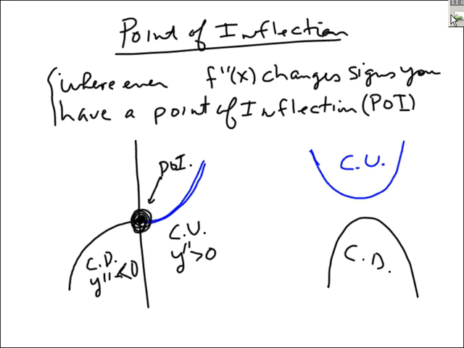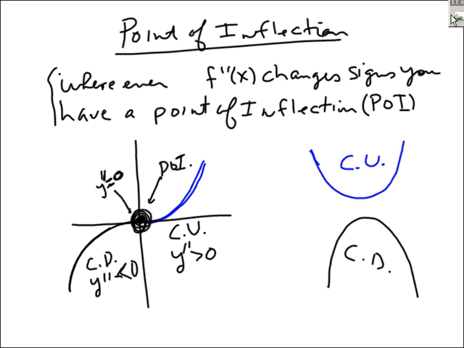It will turn out that the first derivative is 0 right here. You will never have a point of inflection unless, excuse me, that's where the second derivative is 0.